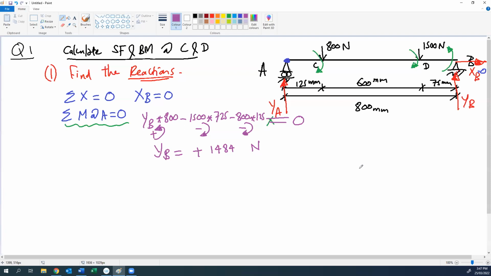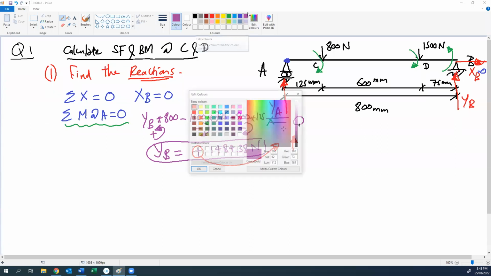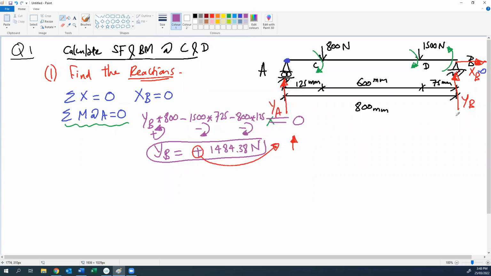Okay, the answer is 1484.38 newton. So this is the answer for YB, and the positive sign means that the reaction YB is going up. So YB is 1484.38 newton going up.